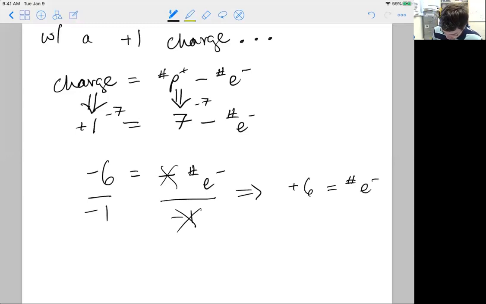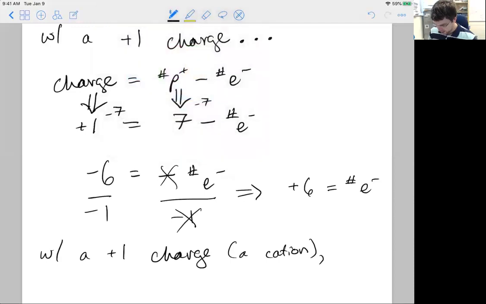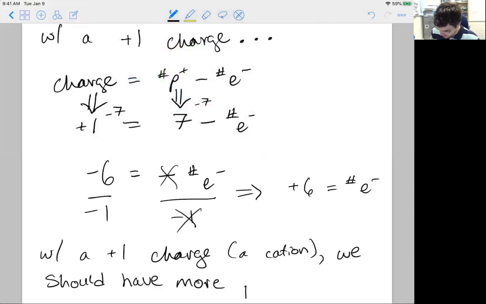Notice that with a +1 charge, which is a cation, we should have more, what do we have more of?